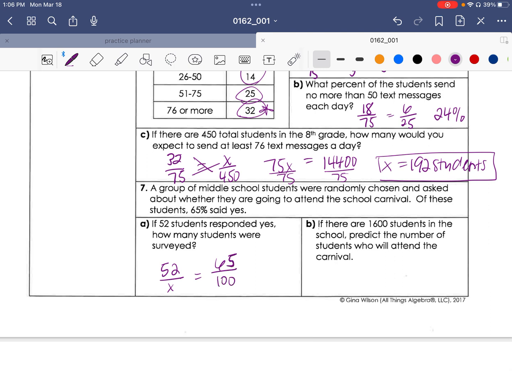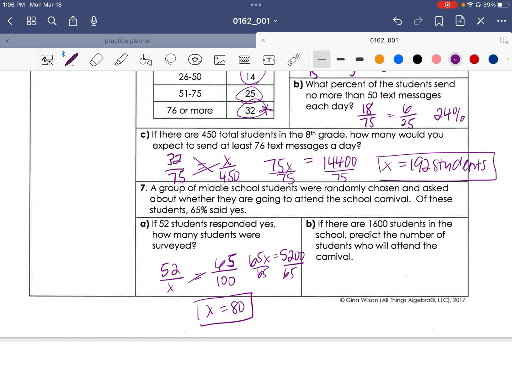So we're going to cross multiply. So we have 65x is equal to 5,200 divided by 65. So the total number of students who were surveyed was 80, because 52 out of 80 gives us that 65%.